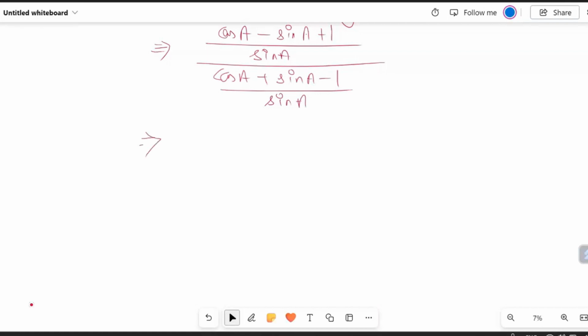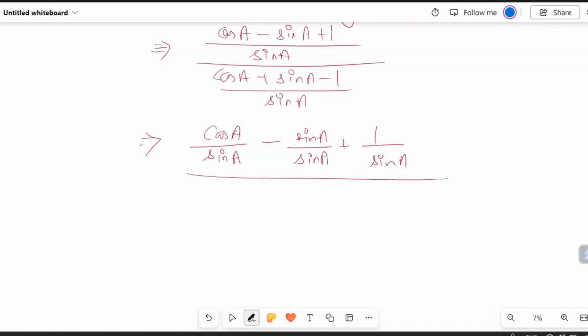So it will become cos A by sin A minus sin A by sin A plus 1 upon sin A, divided by cos A by sin A, same as above, plus sin A upon sin A, here it is plus, and minus 1 upon sin A.